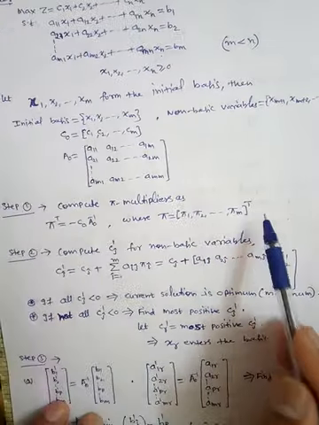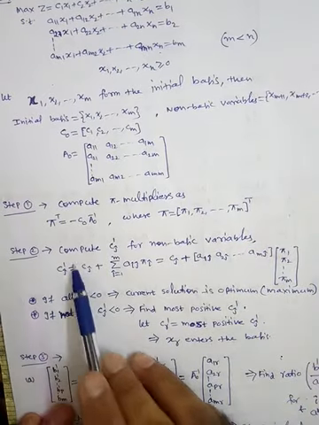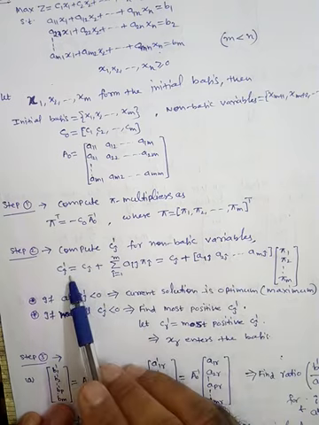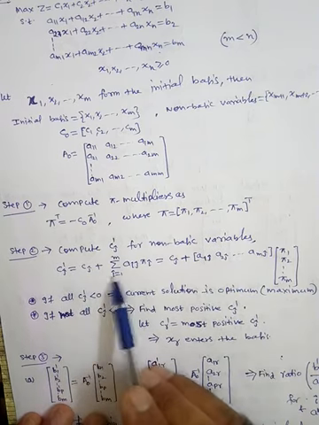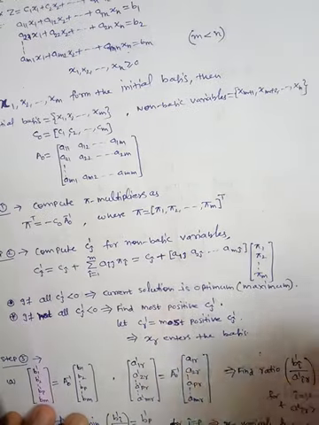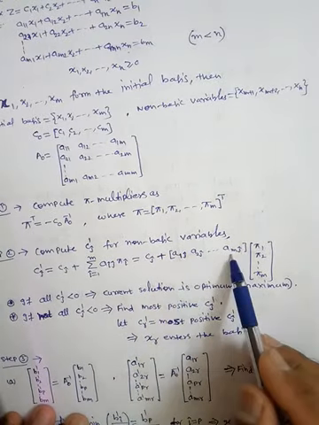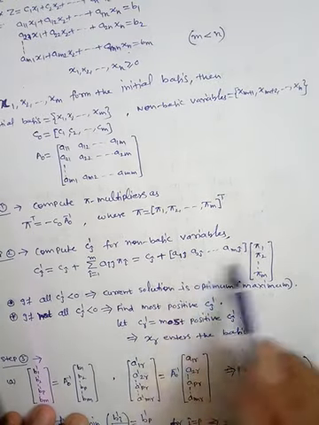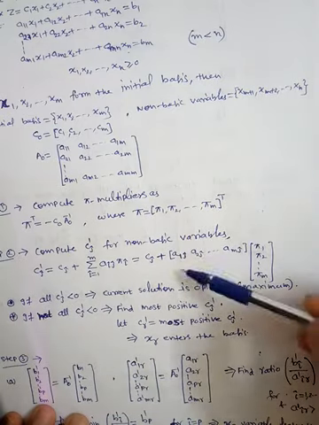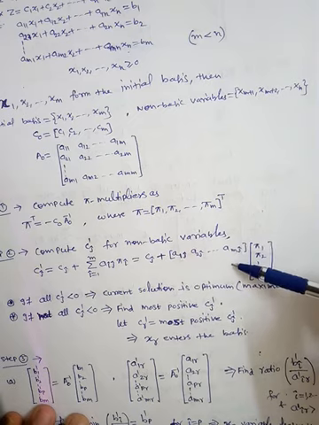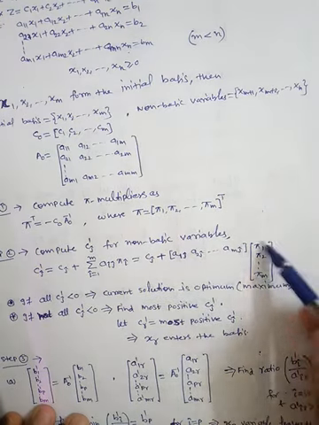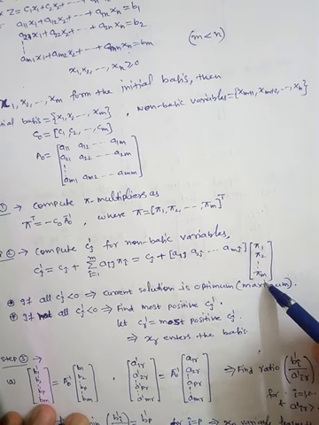Now in step number 2, compute Cj dash for non-basic variables. Cj dash is given by Cj plus the summation of Aij pi i. That means in matrix notation this is Cj plus the jth column of your matrix, for the non-basic variable column, times pi 1, pi 2, ..., pi m.